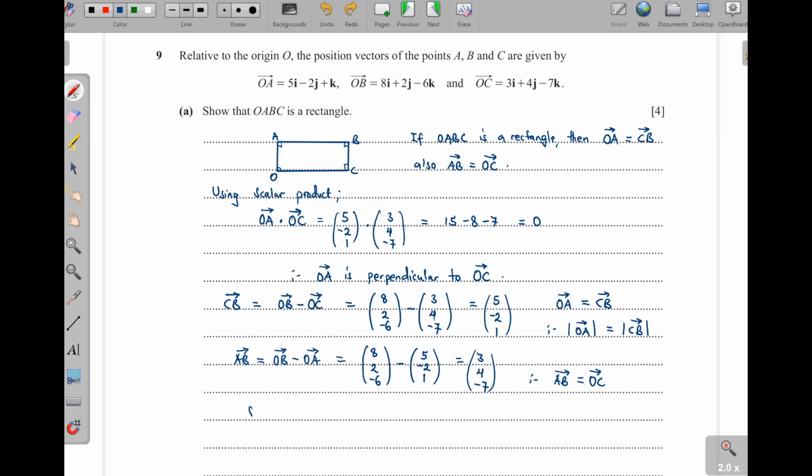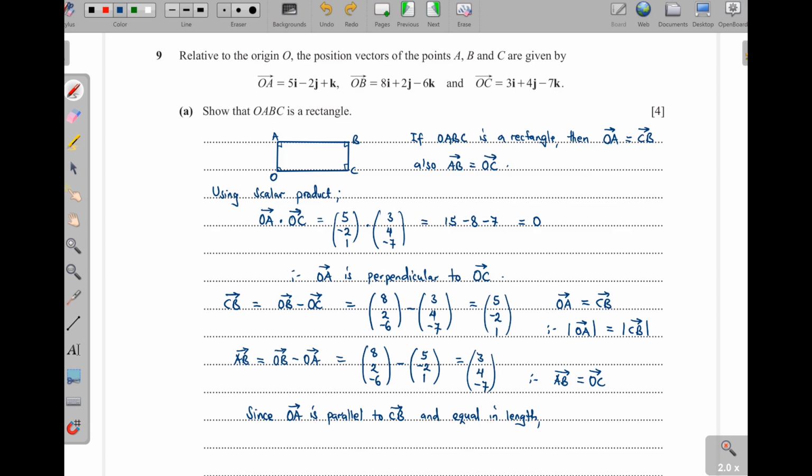So I can conclude and say, since OA is parallel to CB and equal in length, because even for the parallelogram it is the same. They are parallel and equal in length. But this angle between the two adjacent sides is not 90 in the parallelogram.